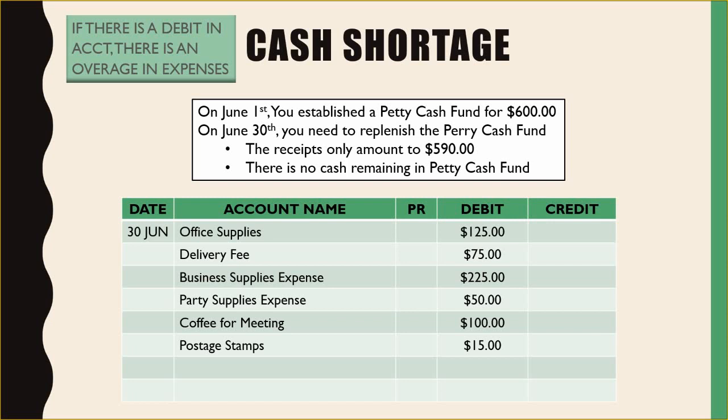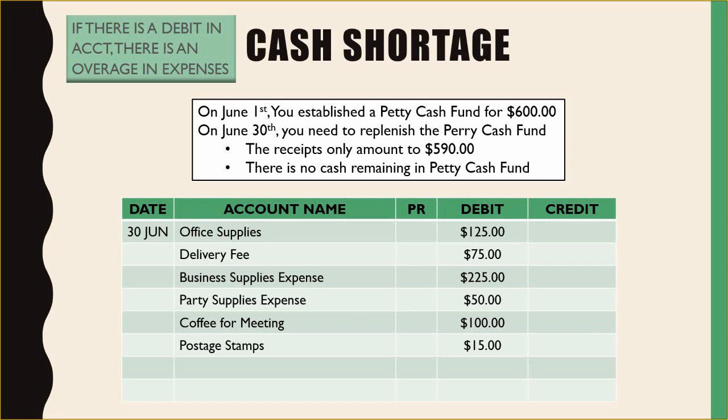So, right? Our rule of thumb here is that we always have to have the total amount of receipts and whatever cash is in there. The box must always have a total value of whatever you established your petty cash drawer at. In this case, I am at $590 in my petty cash. So, of course, I'm going to recognize all of my expenses.